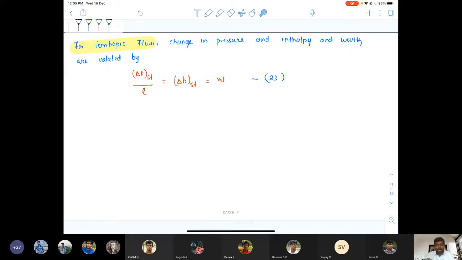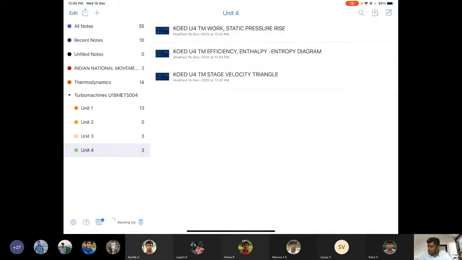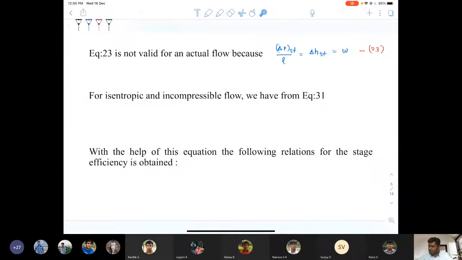But isentropic flow is an ideal flow, whereas actual flow is an irreversible adiabatic flow, which is not an isentropic flow. Therefore, you cannot use this equation. That is what is being represented here. The equation 23 is not valid for the actual flow because delta P at the stage by rho is equal to delta H at the stage is equal to W does not hold for the irreversible adiabatic process.